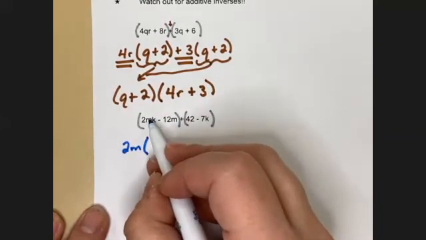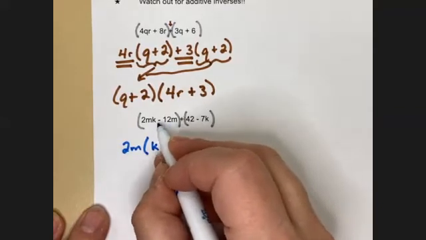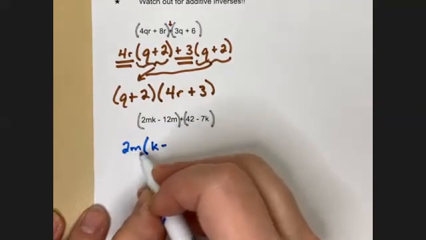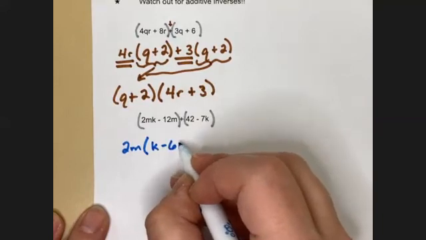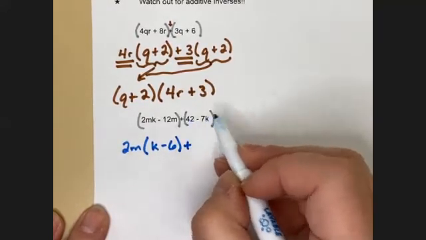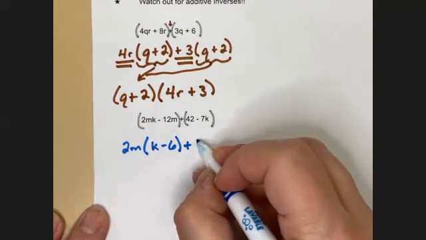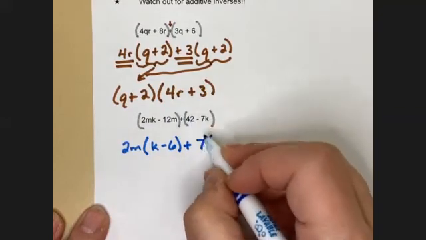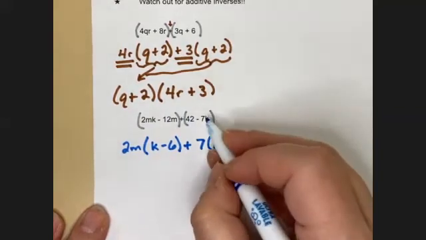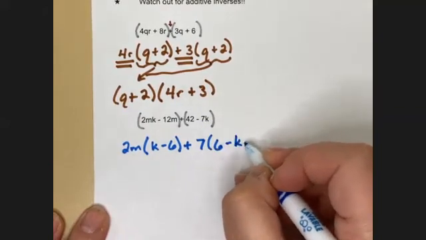So in parentheses, 2MK divided by 2M is just a K. Minus 12M divided by 2M is 6. Plus 42 and 7, you can pull out a GCF of 7. And 42 divided by 7 is 6. Minus 7k divided by 7 is k.